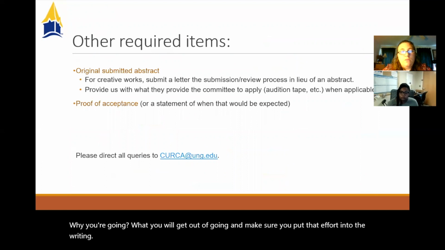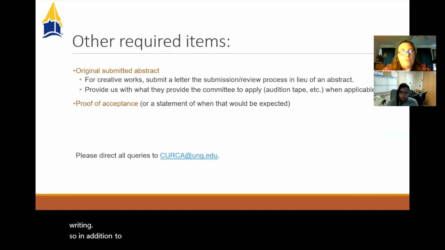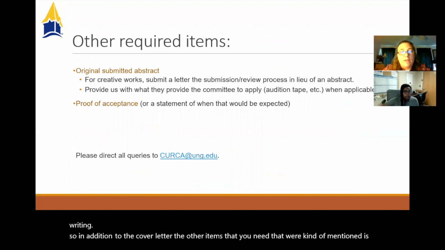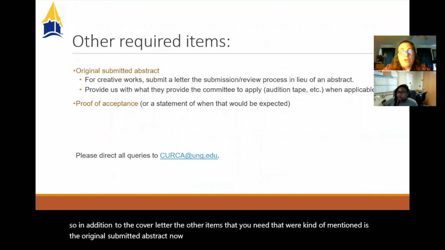Right, so in addition to the cover letter, the other items that you need that were mentioned is the original submitted abstract. Now that's really more for the research type presentations.